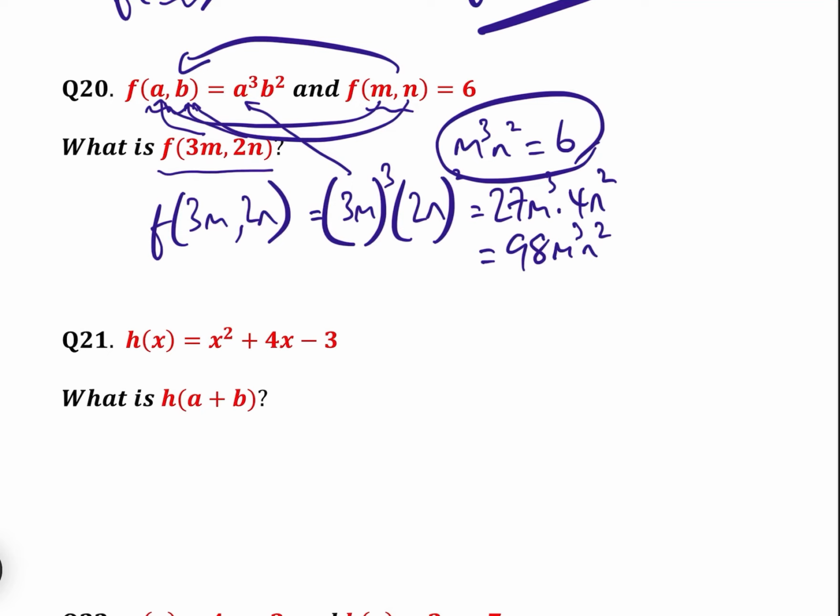But we know that m cubed n squared is 6, so therefore f of 3m 2n is 108 times 6, which equals 648.